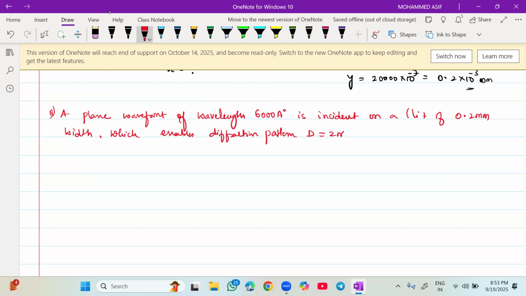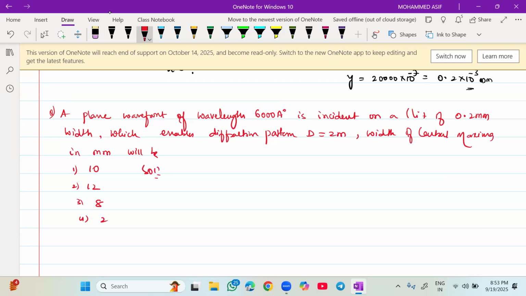Capital D is equal to 2 meters. The width of the central maxima in mm will be how much? Options are 10, 12, 8, 2.